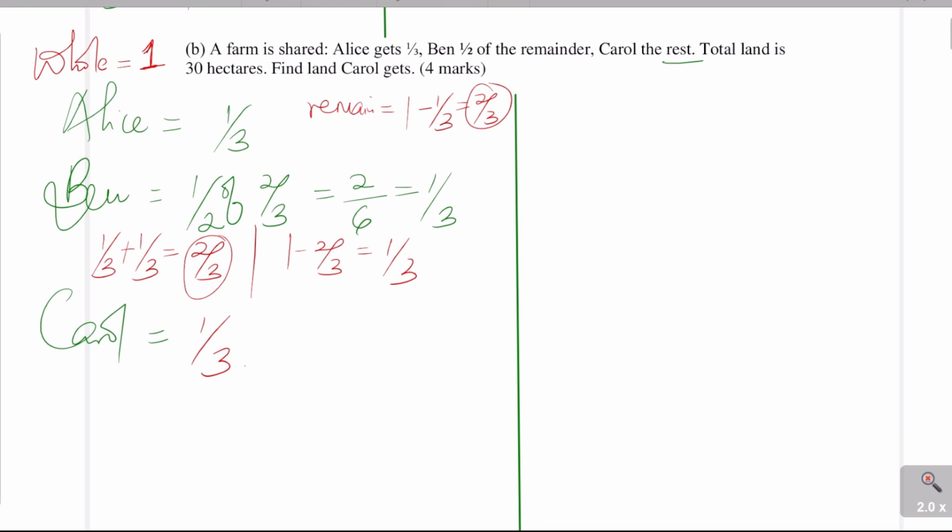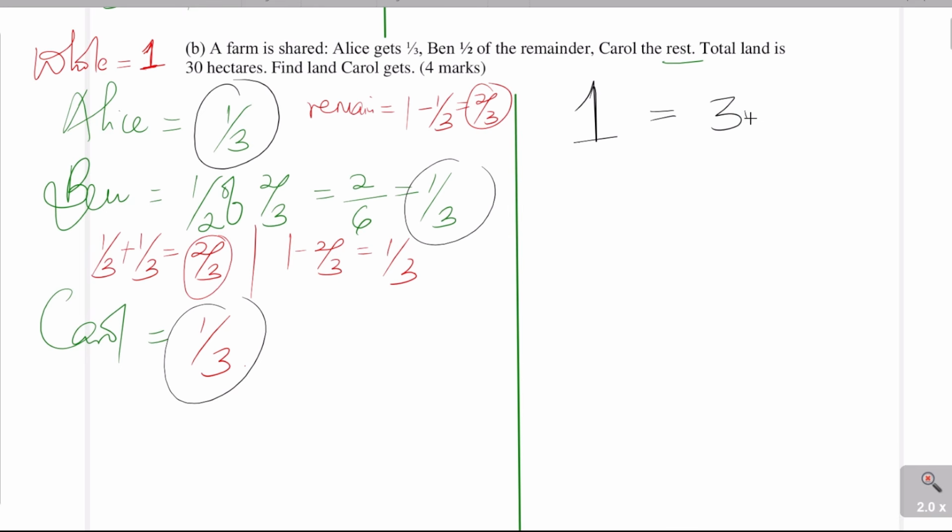Now when you add Alice, Ben, and Carol, you should get 1. That is the size of the land. Now the total land is 30, and we assumed the total land to be represented by 1. So 1 represents 30 hectares.